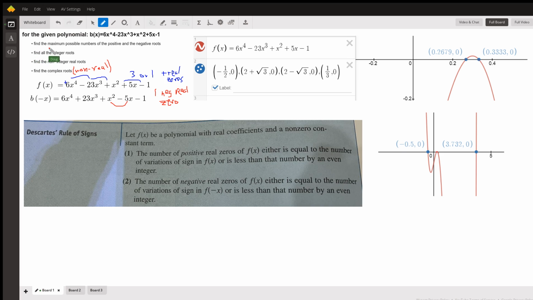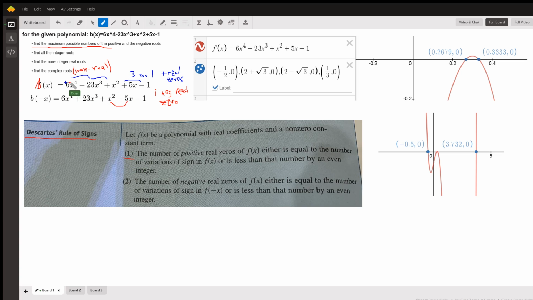the answer to this first question, the maximum possible numbers of positive and negative roots, is found by using Descartes' rule of signs. And what that says, well, this should be f of x. As long as we have real coefficients and a non-zero constant term, we can apply part 1 here.